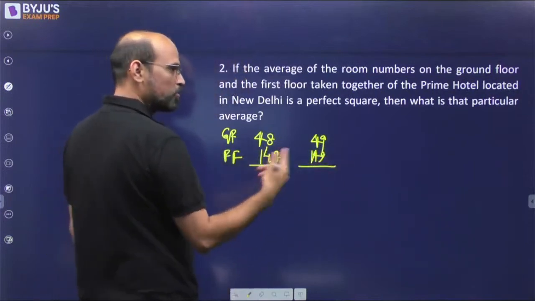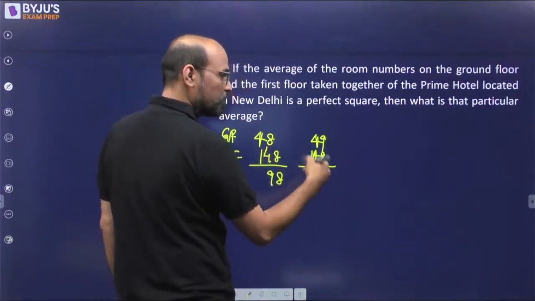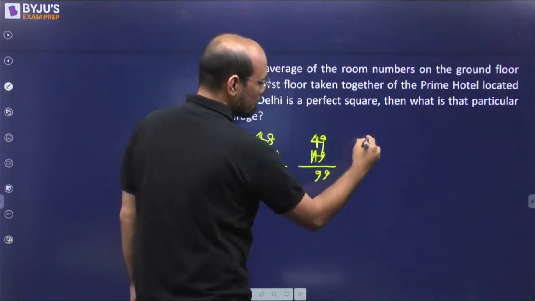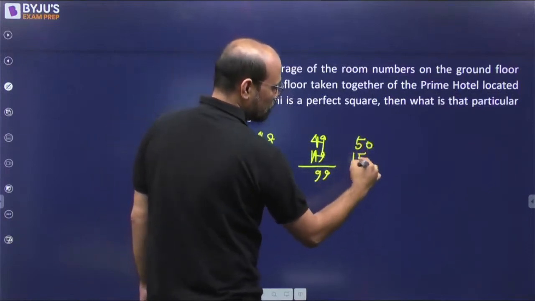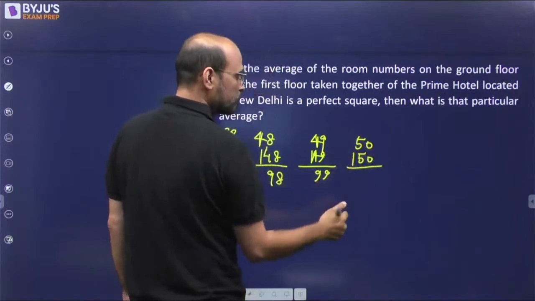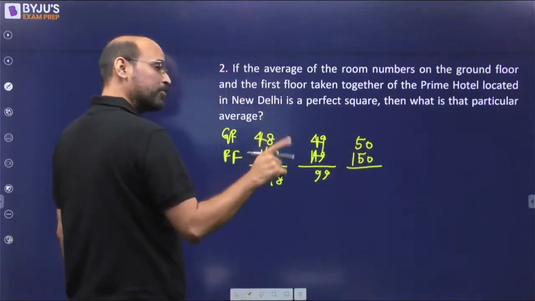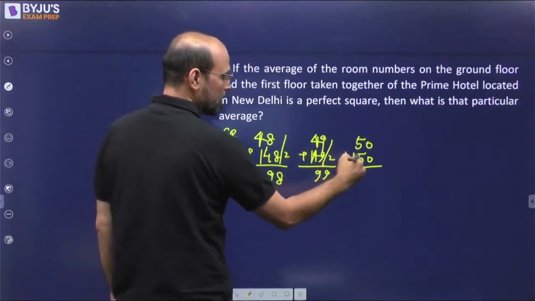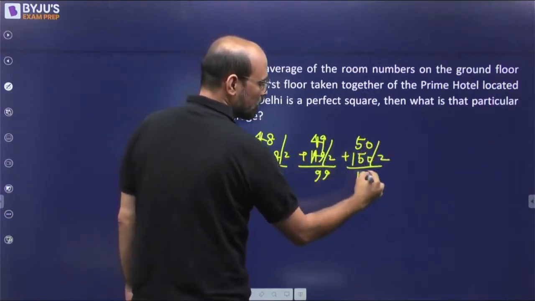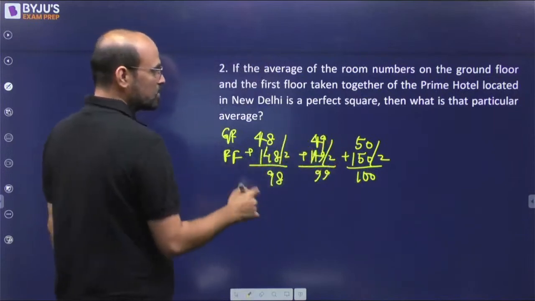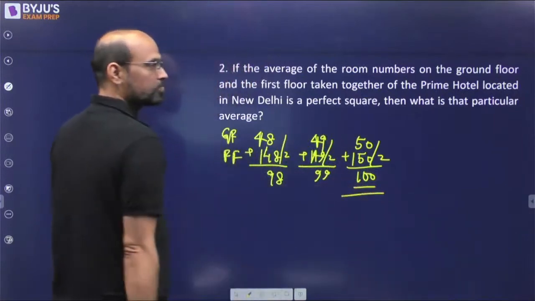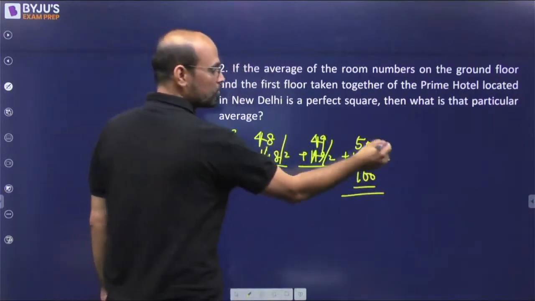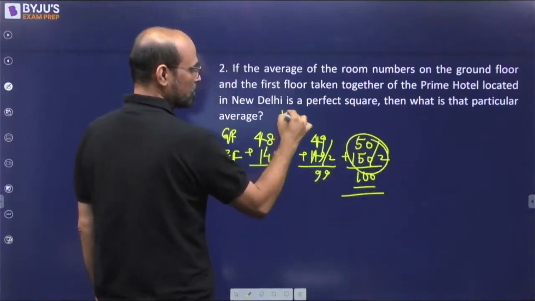Now their average is going to be 50 plus 49, which is 99. The next one is 50 and 150. The average of these two, not the sum, the average, as in add and divide by 2, add and divide by 2, add and divide by 2. So this is going to be 100. And it is given that this answer is a perfect square. Then what is that average? That average is 100.